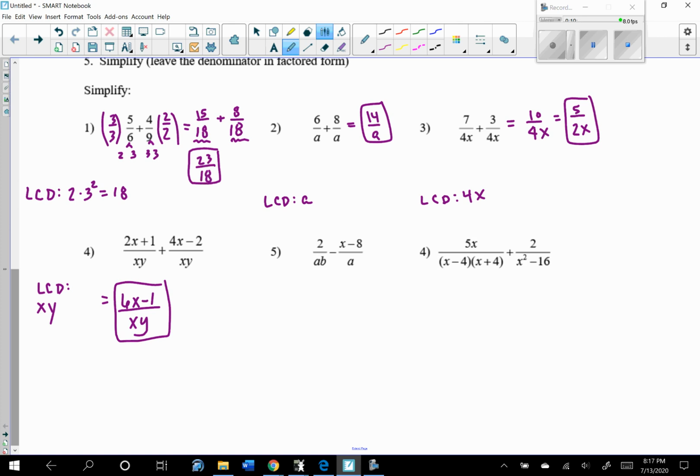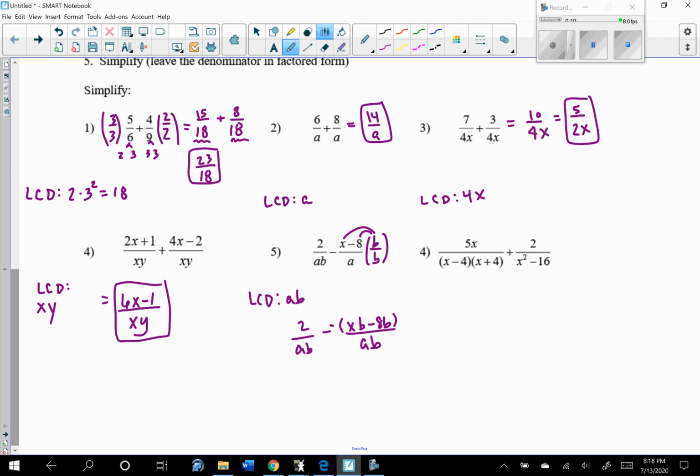Looking at question number 5, my LCD is a times b, so we need to multiply this by b over b. So we get 2 over ab minus, and we need to distribute the b to each of these terms, so xb minus 8b, and a times b is just ab. Now we have a common denominator, so I can go ahead and combine my terms.